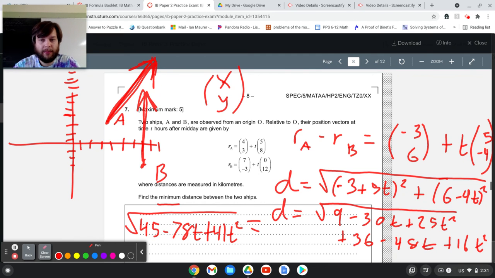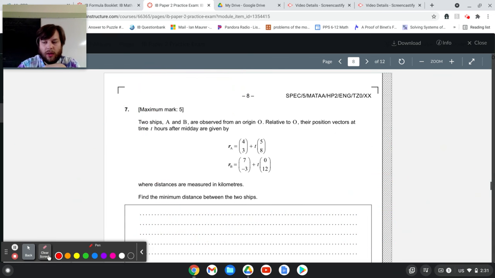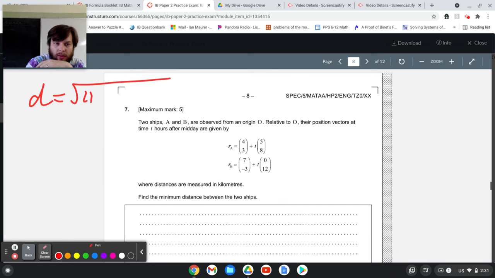If I'm trying to minimize something, I'm going to take the derivative and set the derivative equal to 0. So the distance is the square root of 45 minus 78t plus 41t squared.